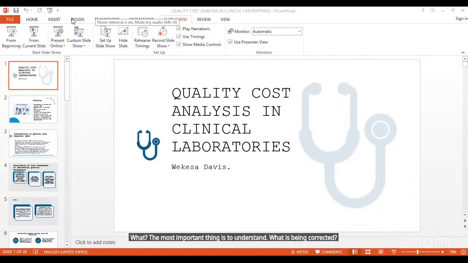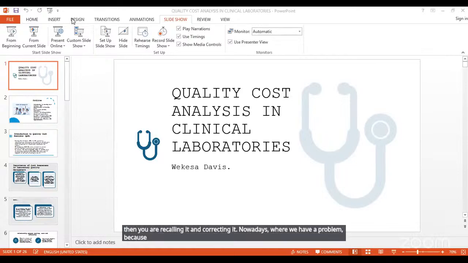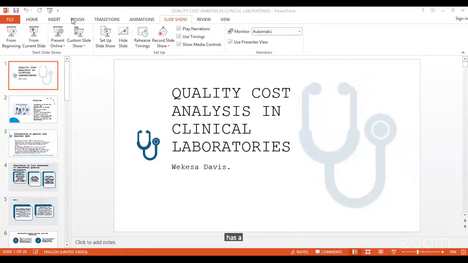Is it that you issued a wrong or erroneous result to the patient, and then you are recalling it and correcting it? Now there is where we have a problem, because a corrected report has a direct correlation to either an internal or an external cost, because it could be corrected before it reaches the patient.